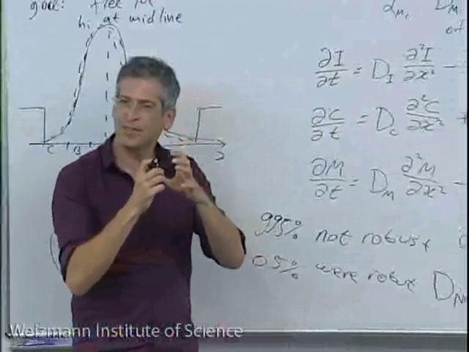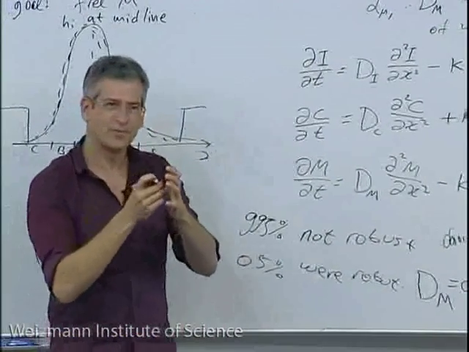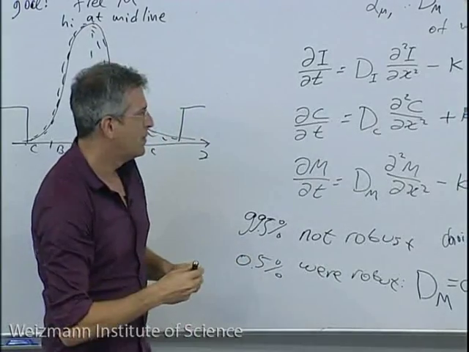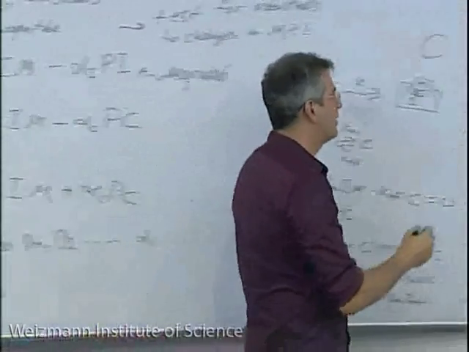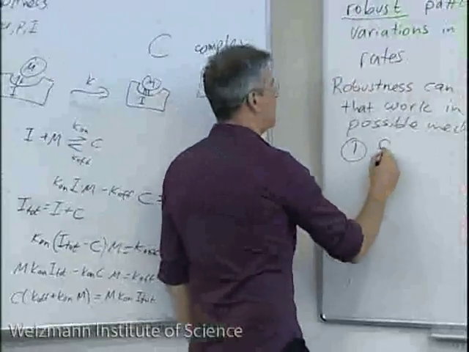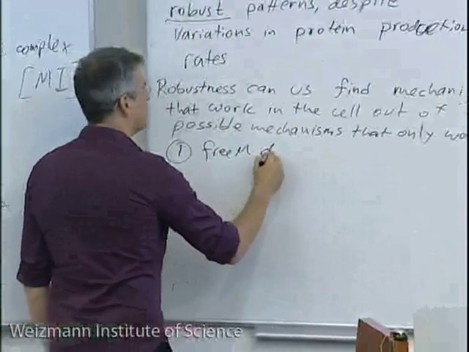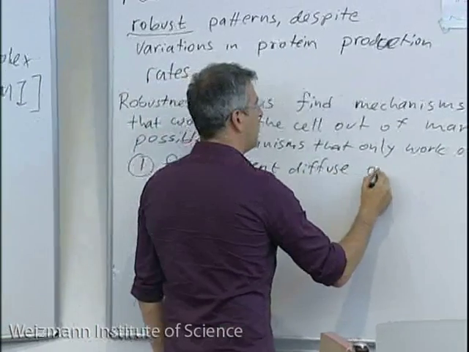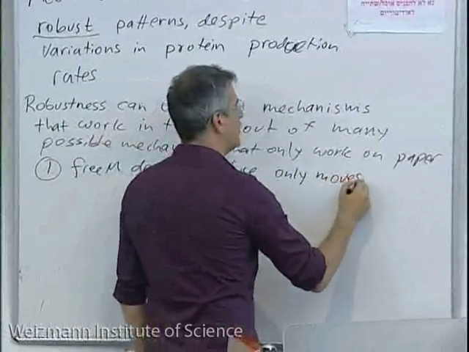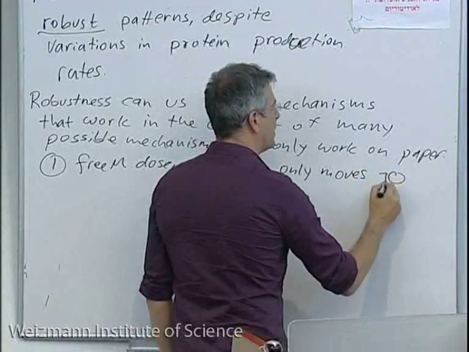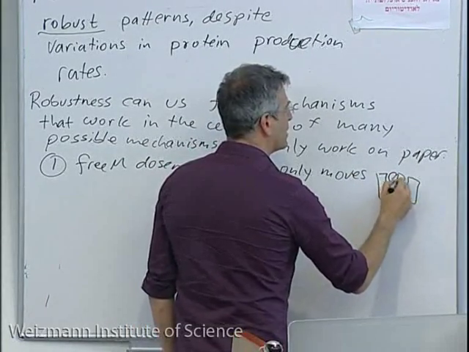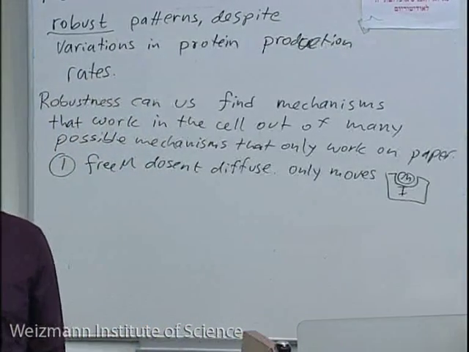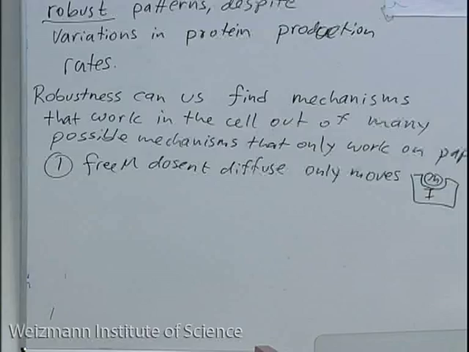So the inhibitor that shuts it down is also what allows it to move. So free M doesn't diffuse. It only moves when bound to I. So I is actually acting like a taxi, not only an inhibitor, a random walking taxi.